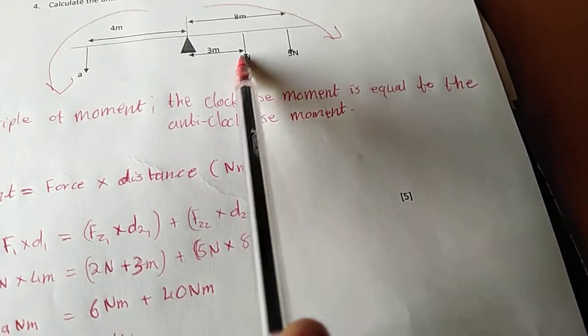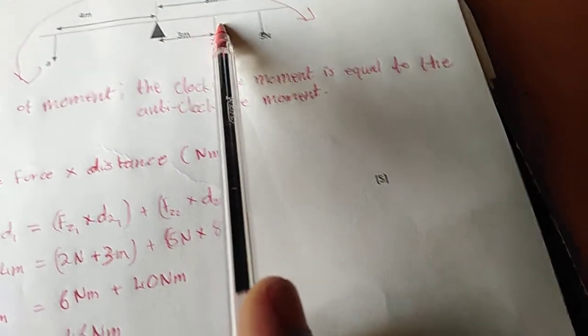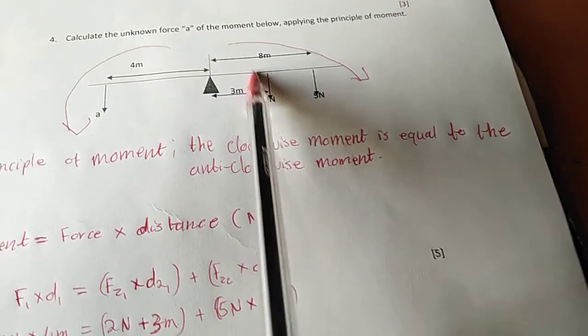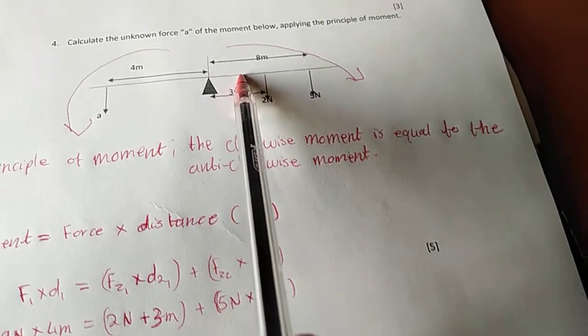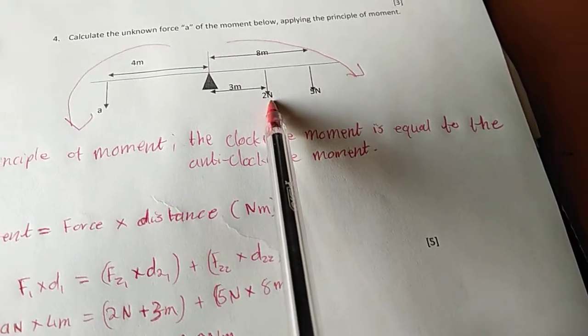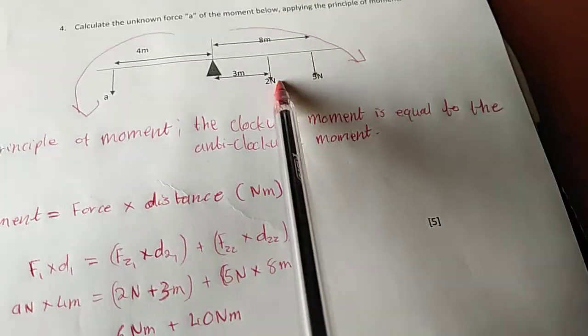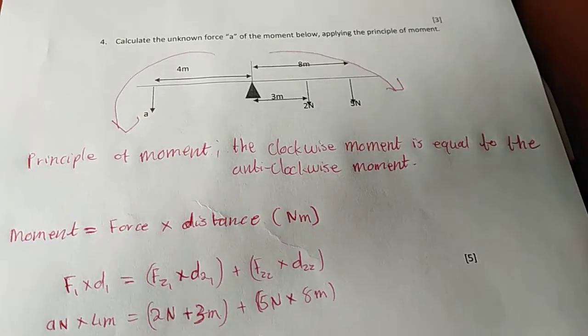To calculate the moment of this, it is going to be the 2 Newton, which is our force, times the distance of our force from the pivot. That's how we calculate the moment.